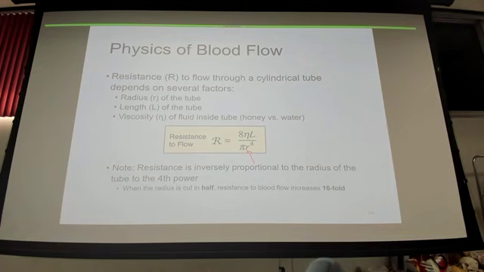But what have we already talked about that takes into account clinically that note on the bottom? Resistance is inversely proportional to radius to the fourth power. And this is a real thought problem. Remember me talking about coronary artery blockages? How big are coronary arteries? Not even this big, right?